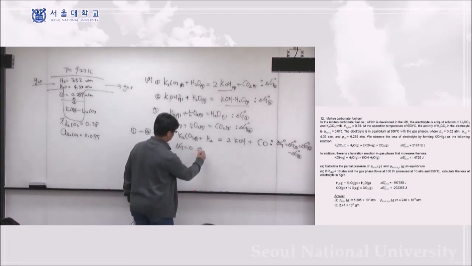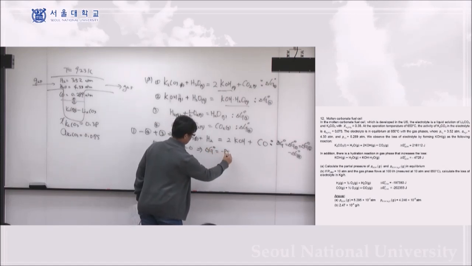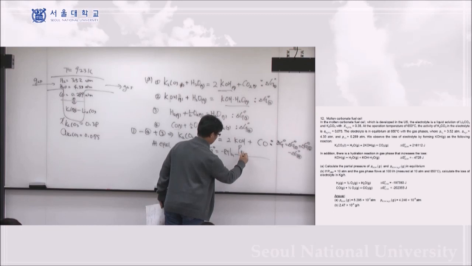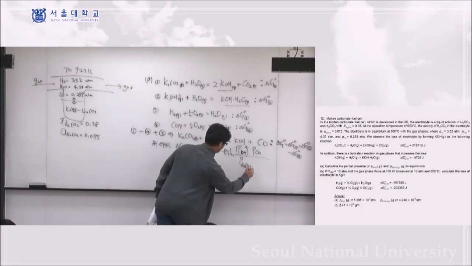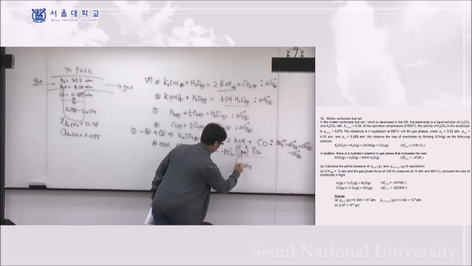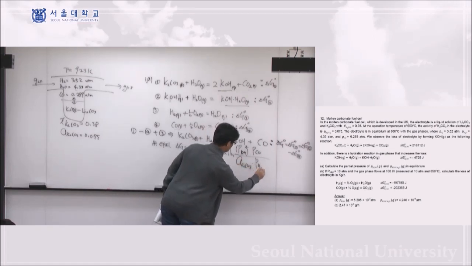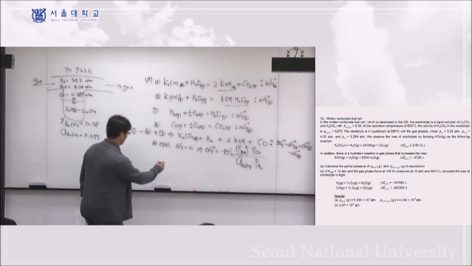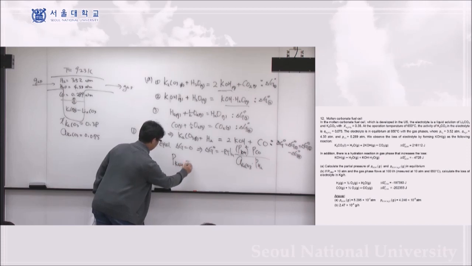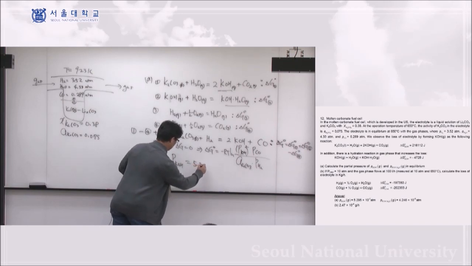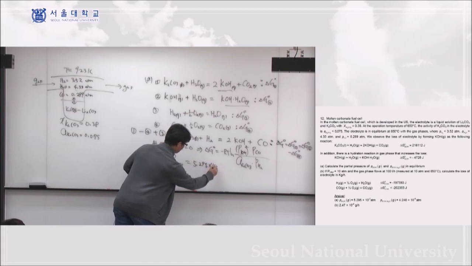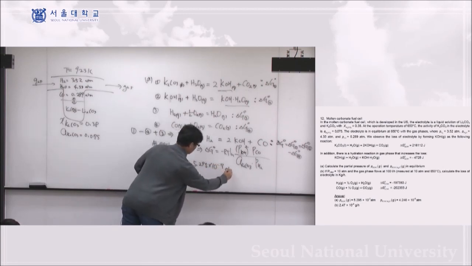So delta G naught... okay, so if you enter all this, you'll get P KOH, and that P KOH is 5.295 times 10 to the minus 7 atm.